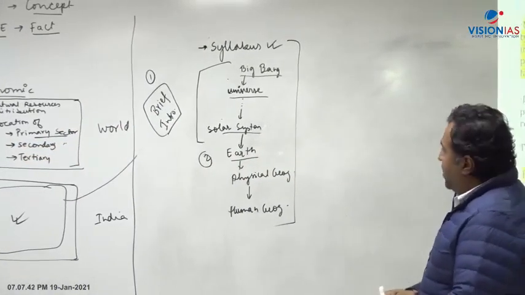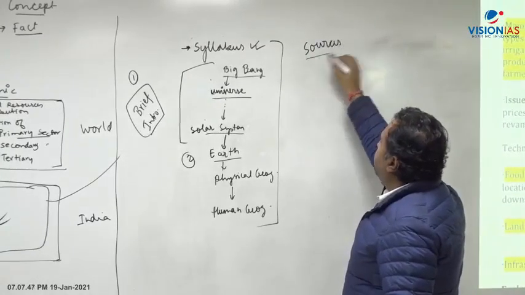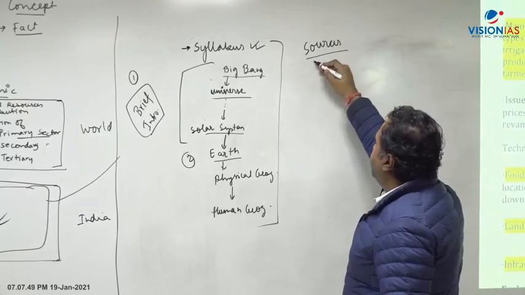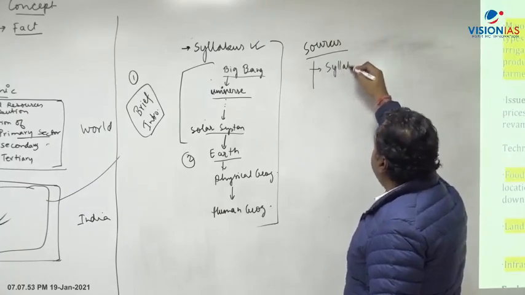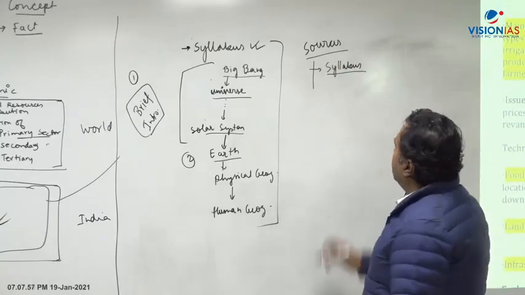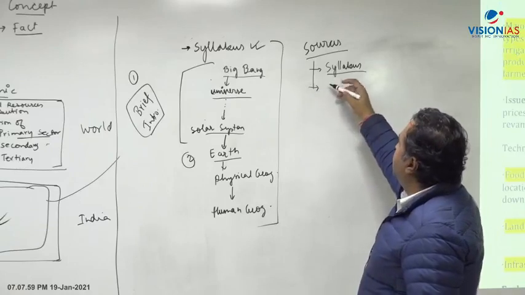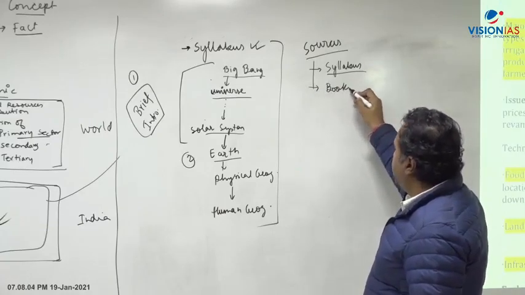So if I have to tell you the sources for preparation, one is, I'll take you back, the syllabus. The syllabus is the most important source which tells you what to do. Then the second is your books, and I'll come to books in a moment, right?